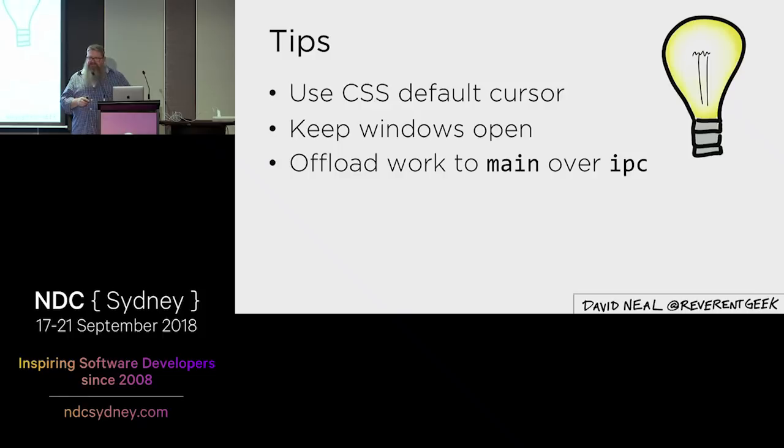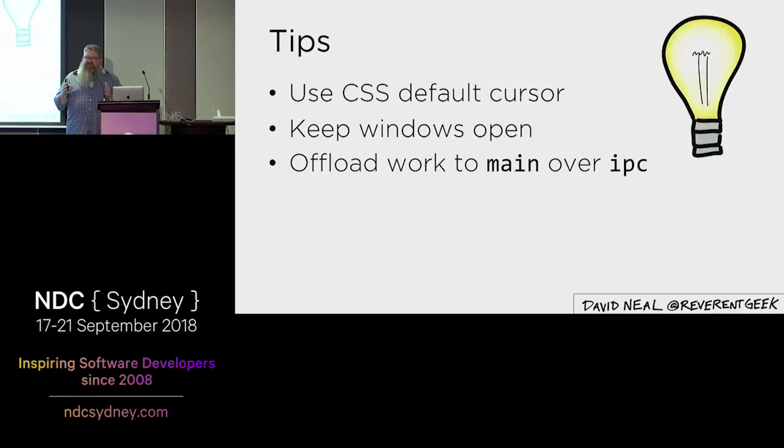A poor man's multi-threading is to offload work. Some work has to be done on the main process. There's no other way around it. But to keep your UI responsive, maybe if you need to go and download some stuff from some APIs or check for messages, you can send an IPC message to your main process that's like a command to say, hey, go do this, and then send me a message back when you're done.